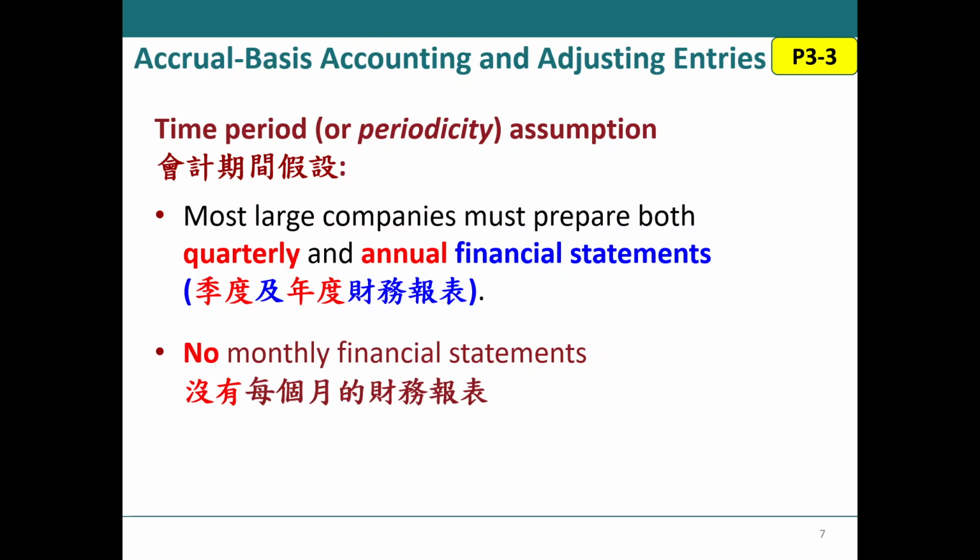Why is that? Because the time is too short. We don't have much time to prepare monthly financial statements. We don't have the ability to finish all the jobs, to record all the transactions within 1 month.